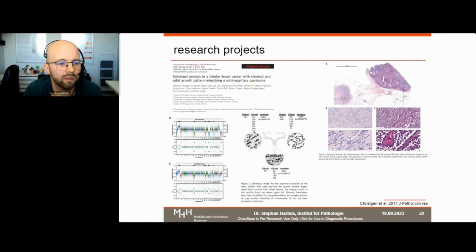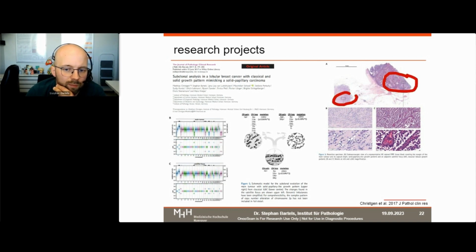So, and this is one of our research projects from the last years. This is a breast cancer case with 2 tumor regions in the breast with a completely different morphology. At first we thought that this must be 2 different carcinomas with completely different origin.